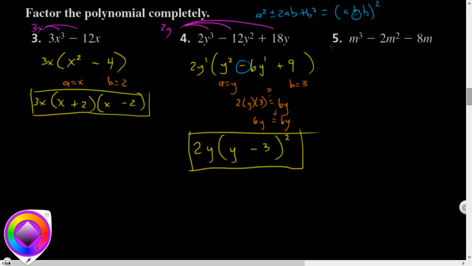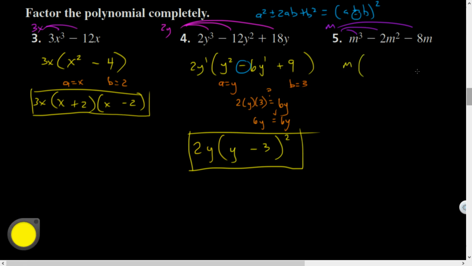Let's see, and for this last one, I can steal, looks like an m is the best I can steal. So m times m squared is m cubed. M times negative 2m is going to be negative 2m squared. And m times negative 8 would be negative 8m.